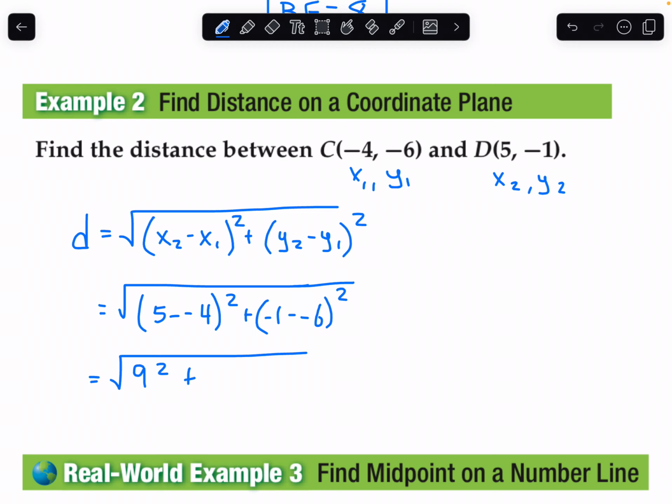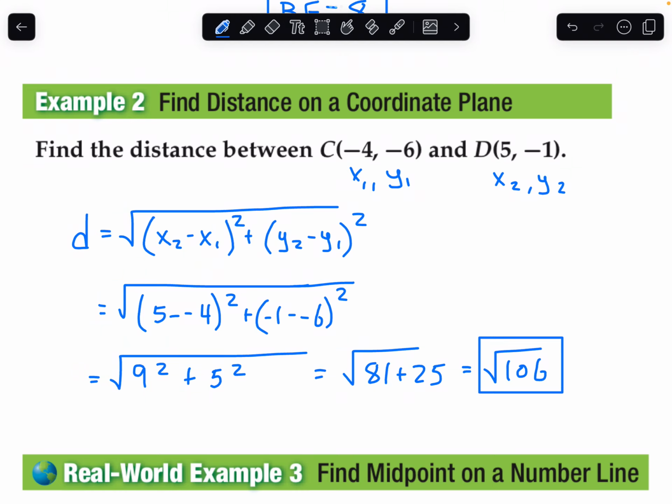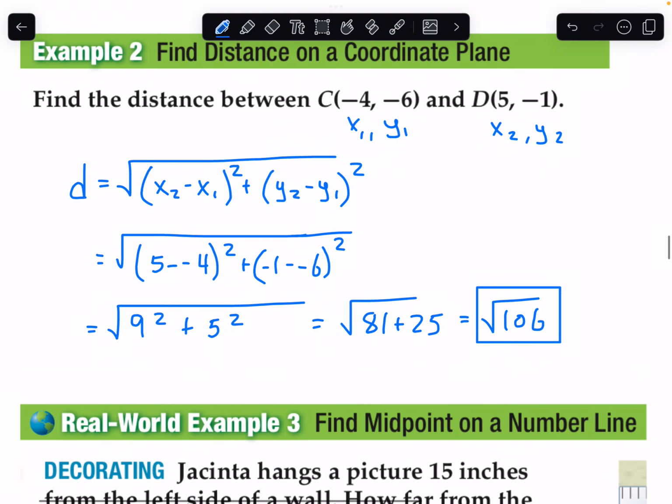Negative 1 minus negative 6 is the same as negative 1 plus 6, which is the same as 6 minus 1. 6 minus 1 is 5, so this is 5 squared. So this is equal to the square root of 9 squared is 81, 5 squared is 25, and 81 plus 25 is 106. 106 is not a perfect square, so we will leave this as the irrational number for now. And since this is pure coordinate plane, no units were given.